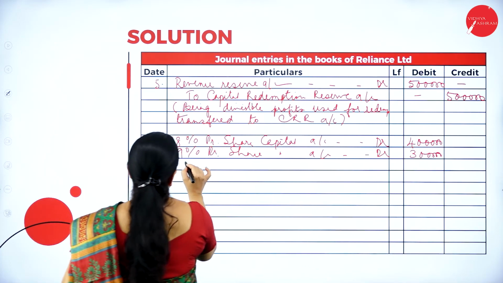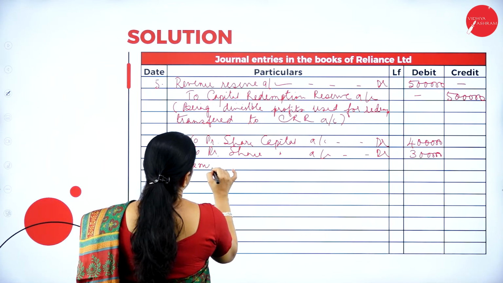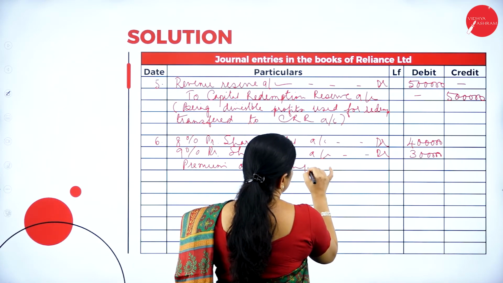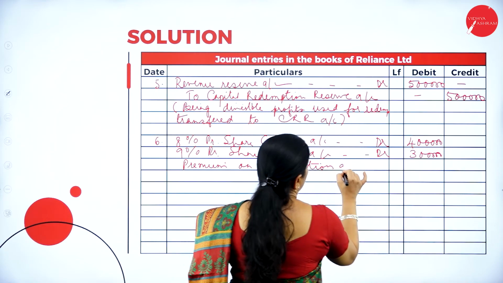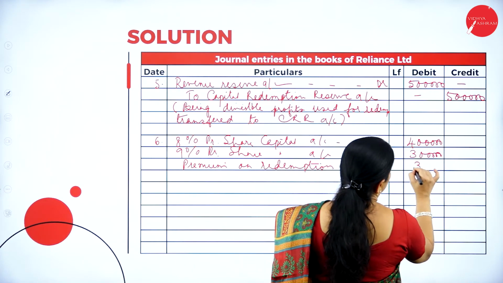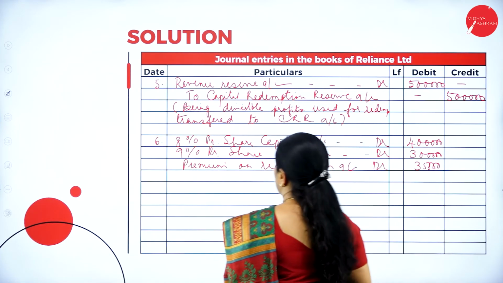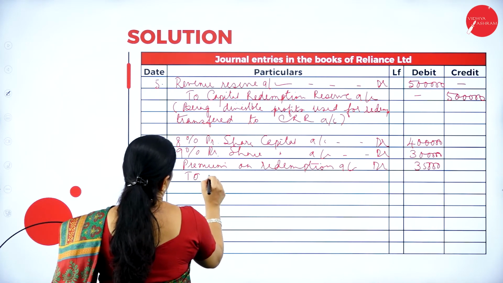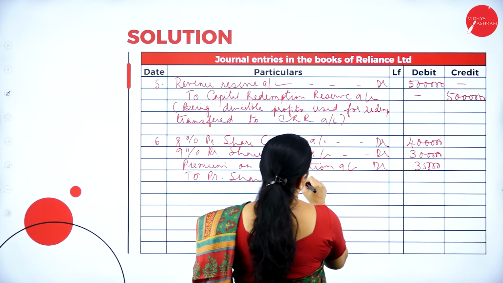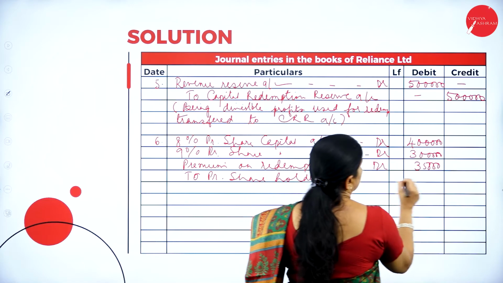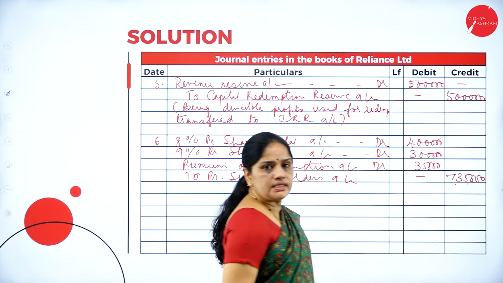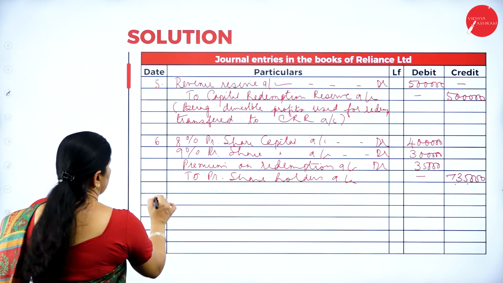Then premium on redemption account debtor 35,000 to preference shareholders account 7,35,000. So this is the money due to the preference shareholders.